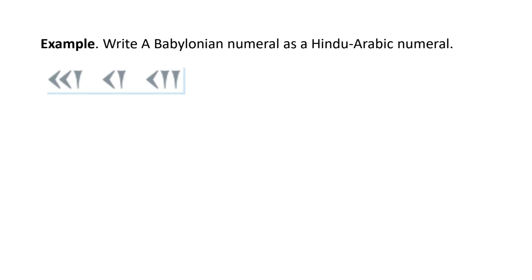So they start with 60 to the power 0, which is 1. So starting now from right to left, that's the place of the ones, and then 60s, and then 60 squared, and so on.